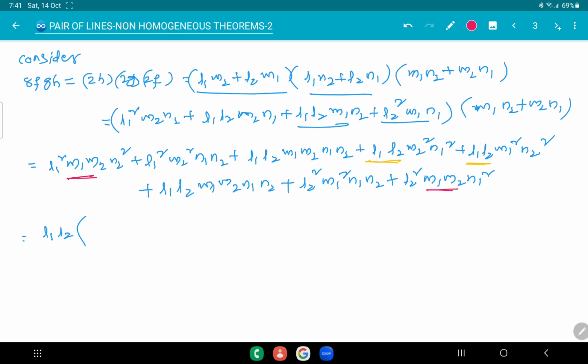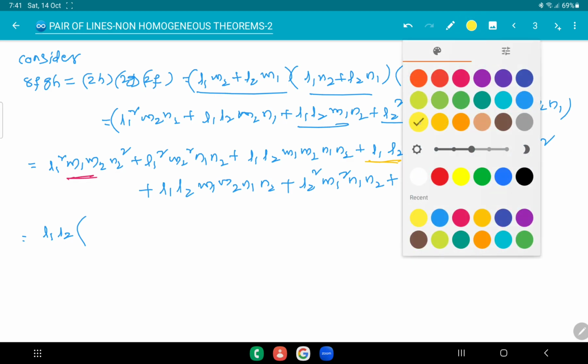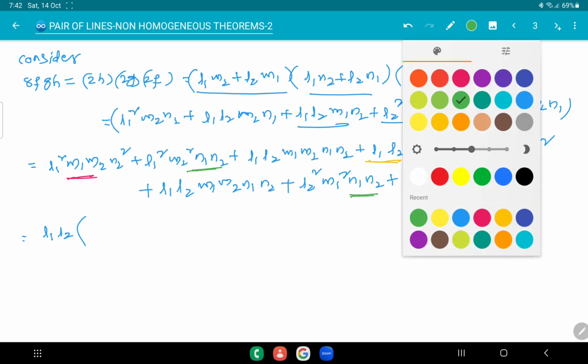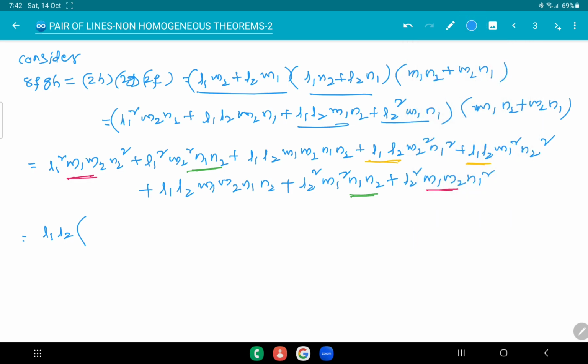Next one is N1 N2, which is here, and one more N1 N2 is here. Observe that I didn't mark two terms. These unmarked terms are 2 L1 L2 M1 M2 N1 N2.